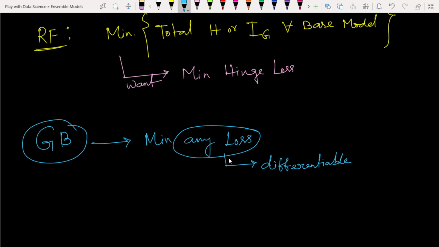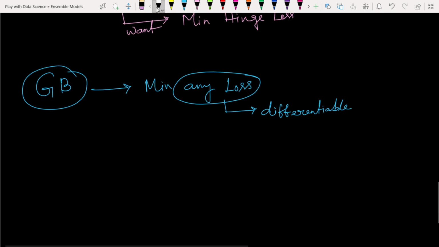If a loss function is differentiable, then we can easily minimize it by simply using the gradient boost technique. So the advantage is that it is super powerful.